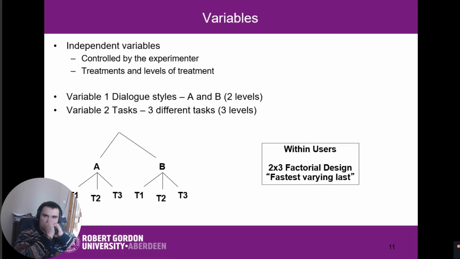And there can be more than one, and you then talk about levels of treatment. So, very simple example here. This is a within users factorial diagram, you see, and variable 1 is style of dialogue. There's dialogue A and there's dialogue B. That's why it has two levels.